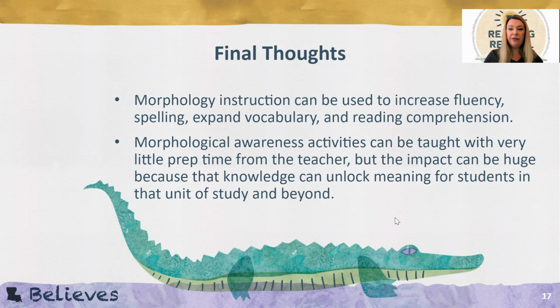Morphology instruction can be used to increase fluency, spelling, expand vocabulary, and reading comprehension. So there's just a lot of implications for morphology in secondary learning. Morphological awareness activities can be taught with very little prep time, which is a win in secondary land because we don't have a lot of prep time. But the impact can be huge because the knowledge can unlock meaning for students in that unit of study and beyond.